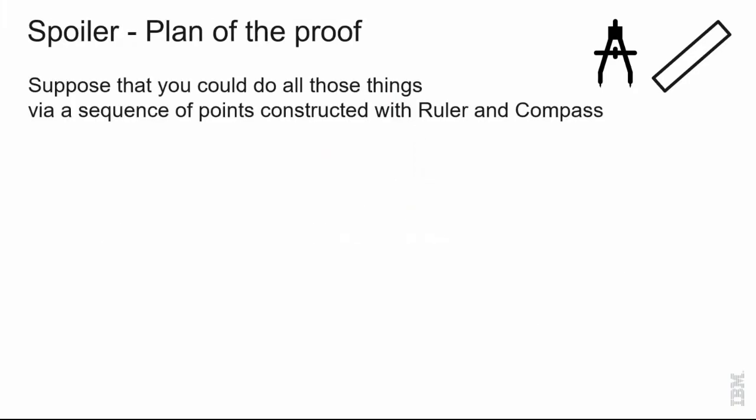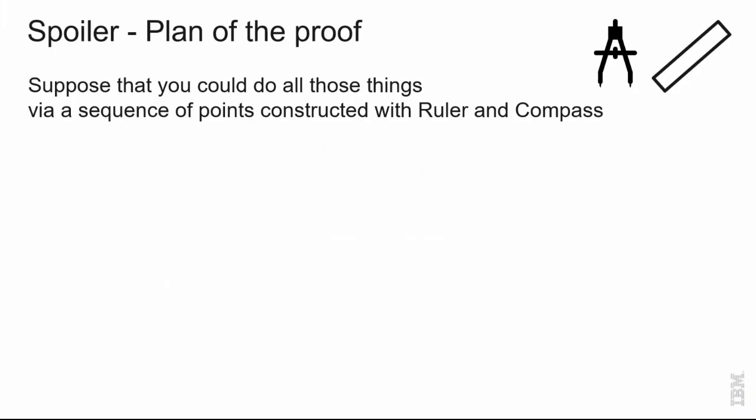Okay, so I'll start with the spoiler of the whole proof. If you forget anything, which is probably going to happen in a week or so, at least remember this. Suppose that you were able to take a circle and create a square of the same area, using just a ruler and compass.